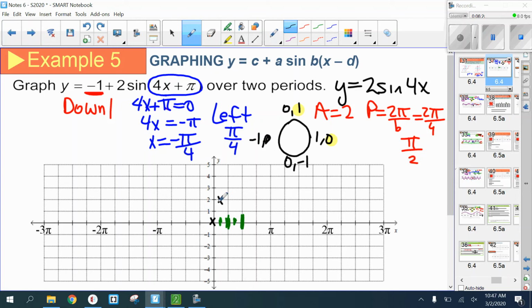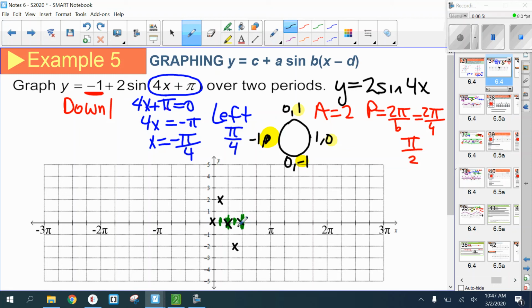This is hard to do, hard to keep track of. Okay, the next sine number, y number, is 0 times the 2, still puts me at 0. And then the next sine number is negative 1 times 2 is negative 2. And then the next sine number is going to take me back to 0. There we go. So there's my non-shifted sine curve that has amplitude 2 and period pi over 2.